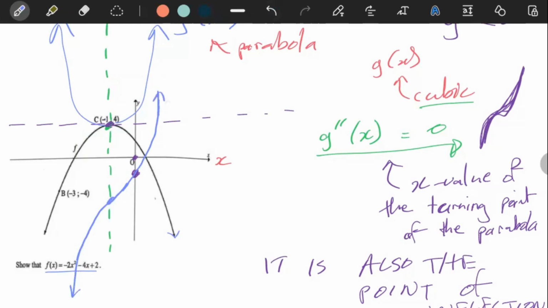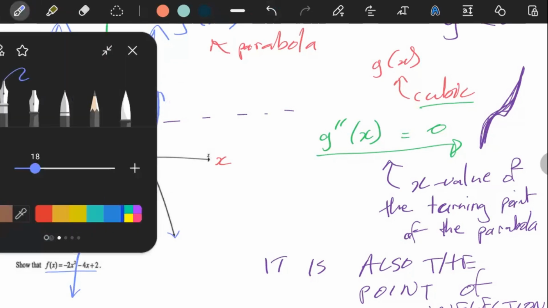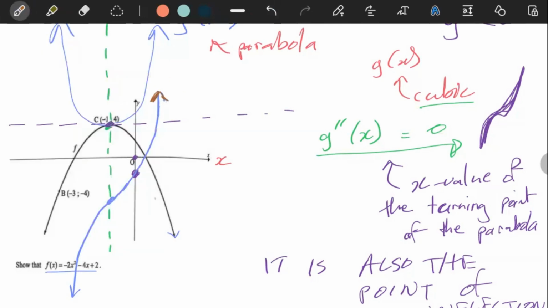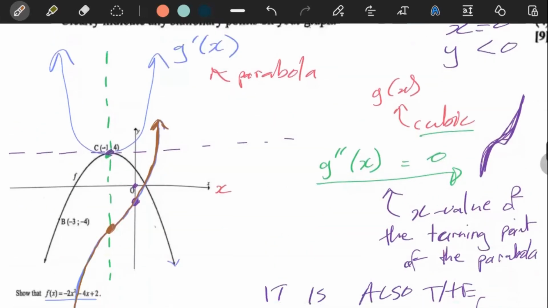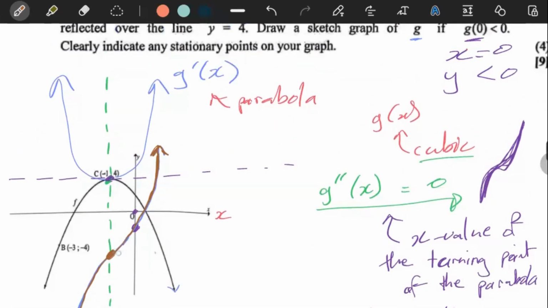There you go. This is what our graph of G would look like. There's a squiggly thing somewhere here. They said indicate stationary points. So what we can do, we can just maybe label this -1.